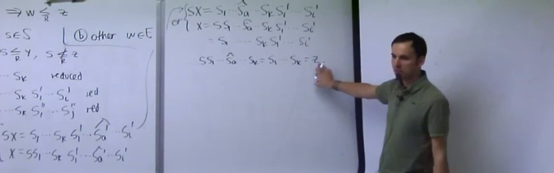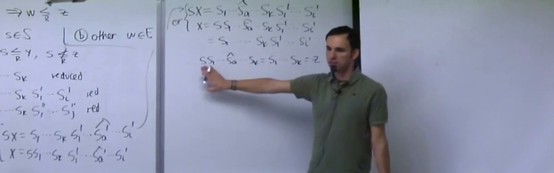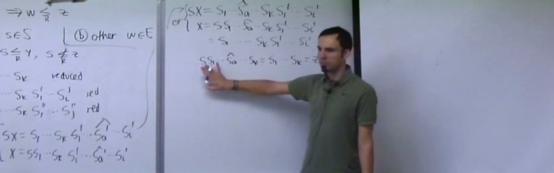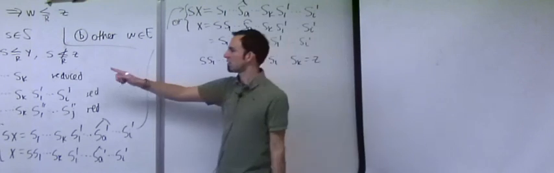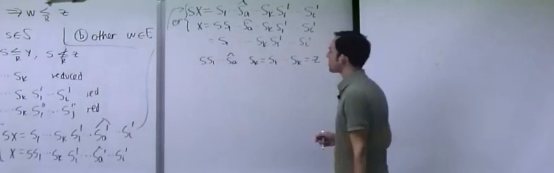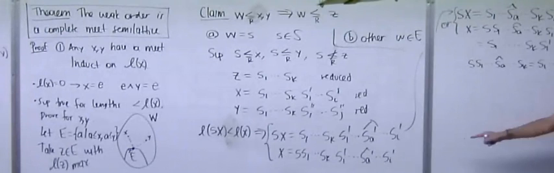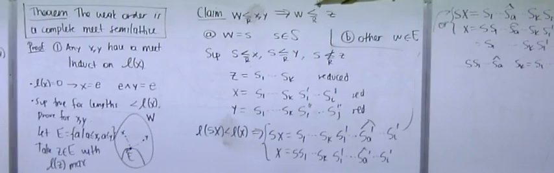And so what this says is that you can write z as starting with s, but that's a contradiction because we're assuming that z cannot start with s. So this proves to me that this is a contradiction and that what happens is actually this. Any questions about that so far?